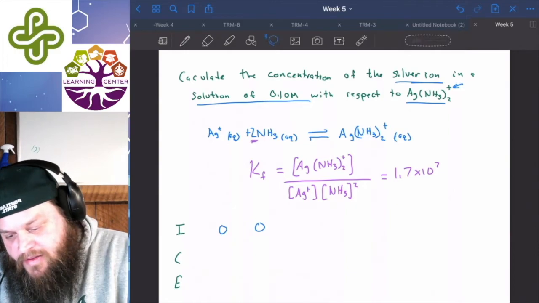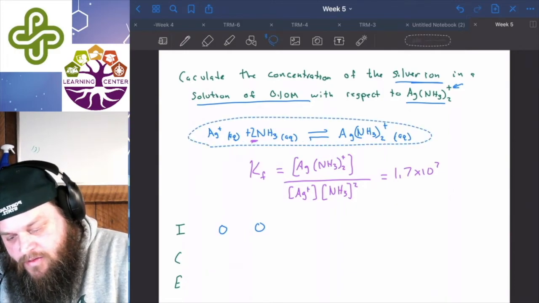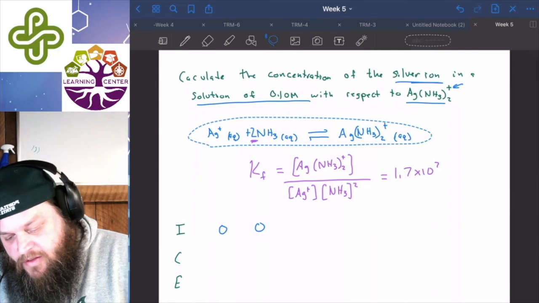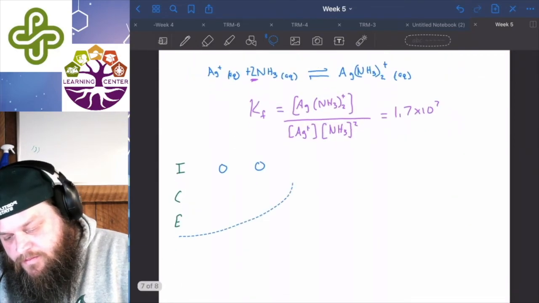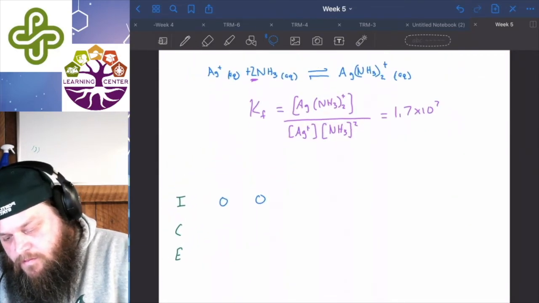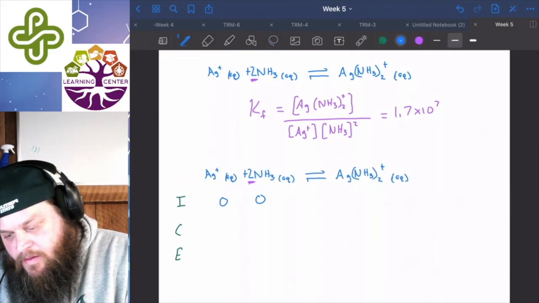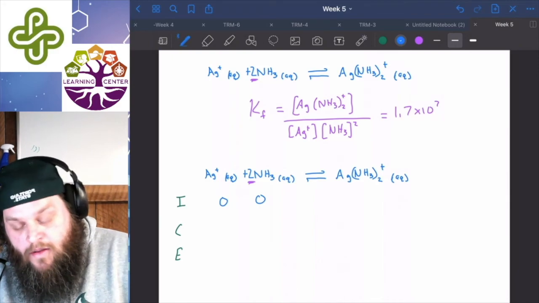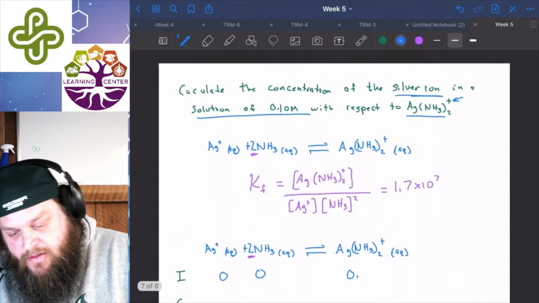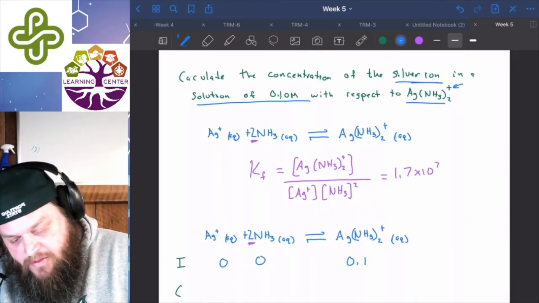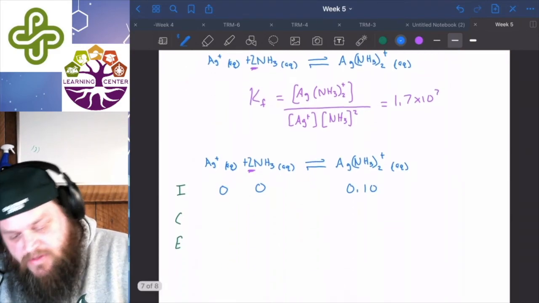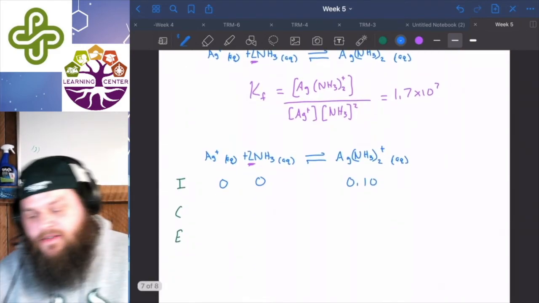Let me copy this down here so I know what it's associated with. There we go. That's a little easier to follow. This we said was 0.10 is the initial concentration of that complex ion.